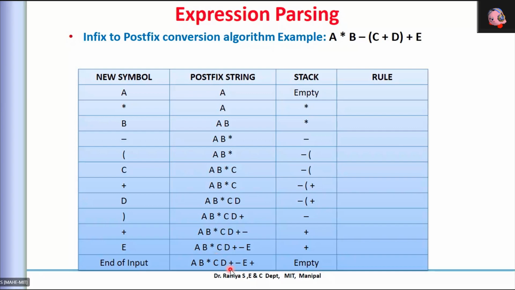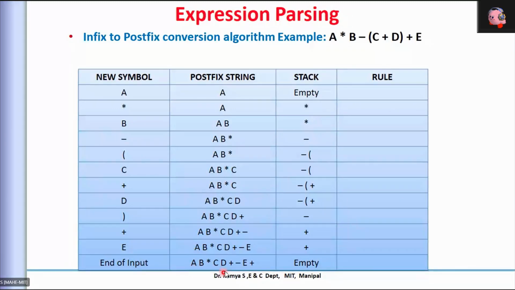Then what is happening here? Whatever information is now available, something like this. First it has been performed, then this is also performed, then you have E minus this, whatever, you have these two operators. Both have the same precedence, so left to right, it is going to be performed.